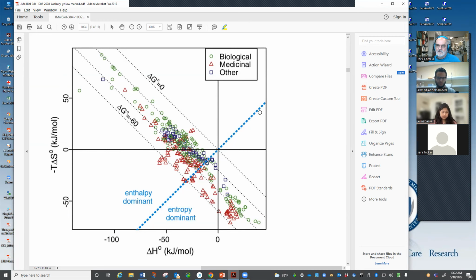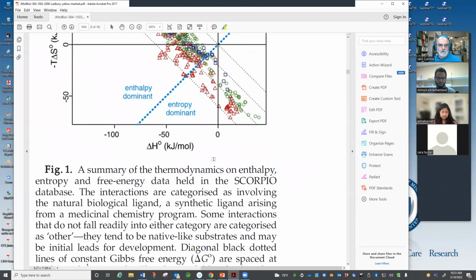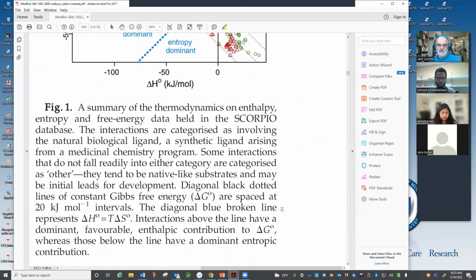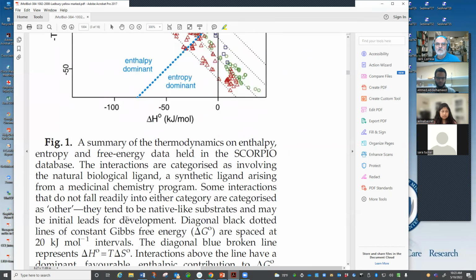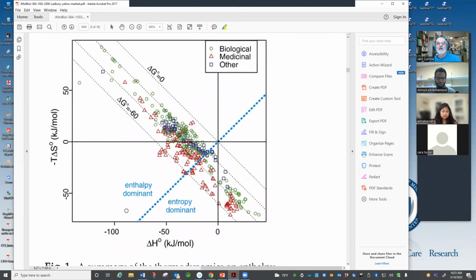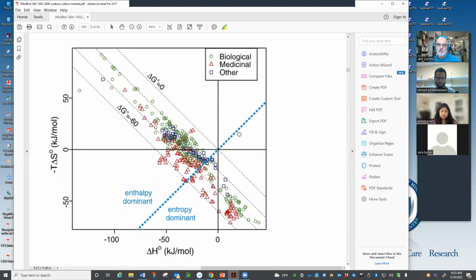And then this diagonal is where delta H is equal to T delta S. Okay, so the diagonal shows you equal contributions of enthalpy and entropy.